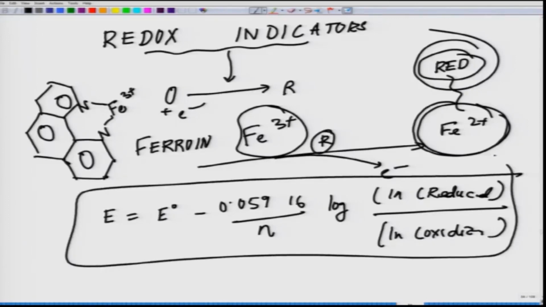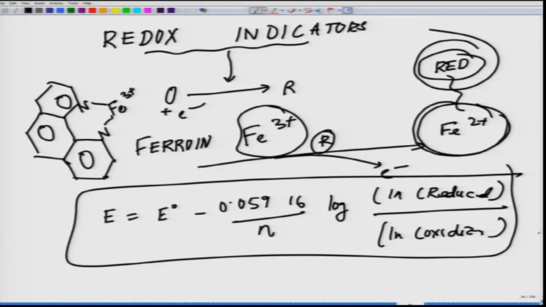Based on that, you can actually predict the potential range over which the indicator color will change, and that is the Nernst equation, the basic equation I told you. You could have many such situations where the Nernst equation could be used, and I am just giving you some examples which will help you realize that there are several ways you can do it.